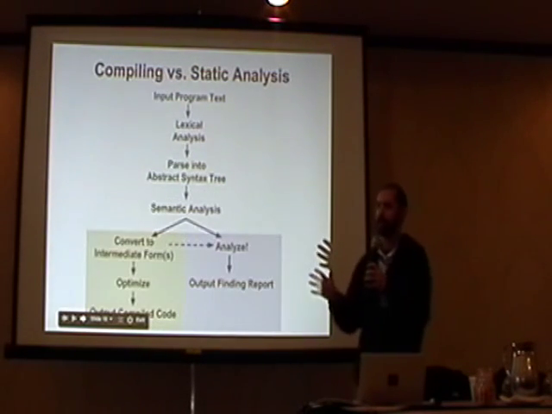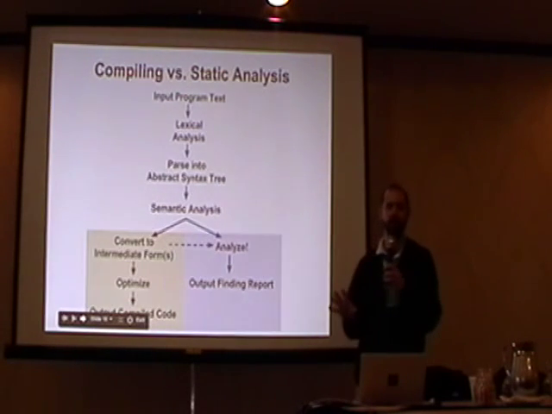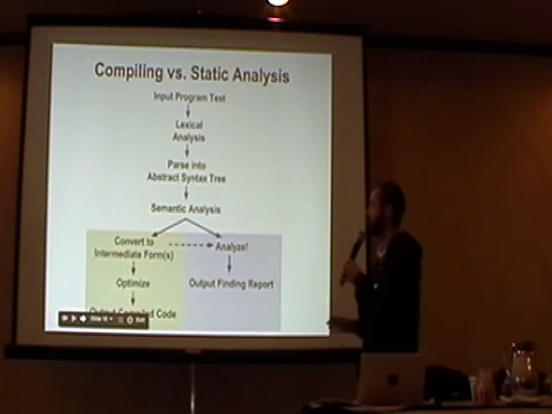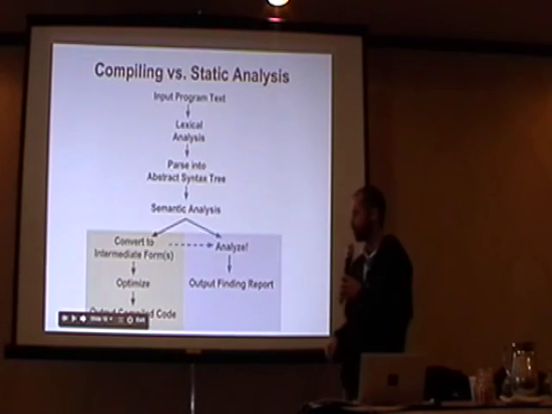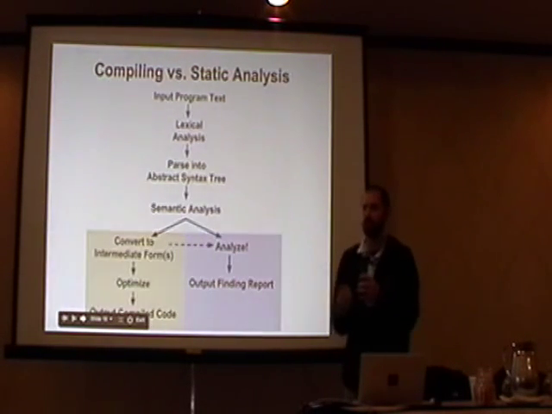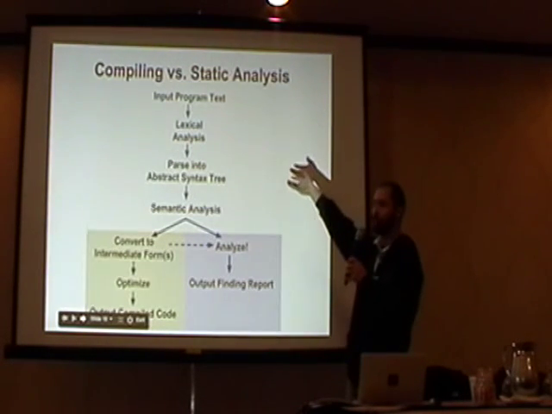Static analysis, if you're familiar with what a compiler does, it's the same thing except at the very end, you do something slightly different. I like to put this up because if you don't understand what's going on, it seems like magic, but it's not. You have your input, which is the program text.